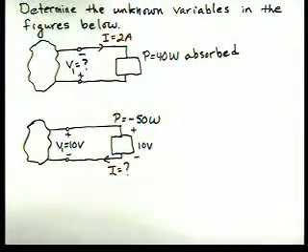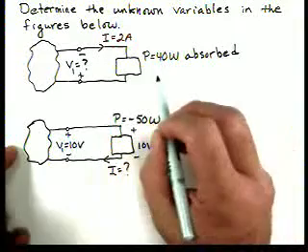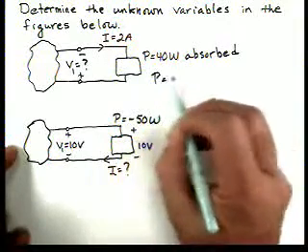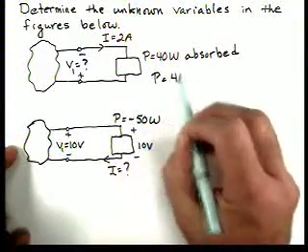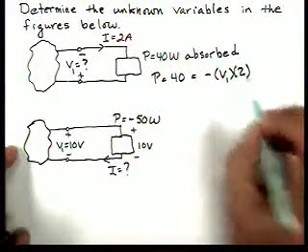And if we look at this diagram, we can look and see that we have the voltage V1, and since this really doesn't satisfy the passive sign convention, we can say, well, power is equal to 40, and that's going to be minus V1 times 2.